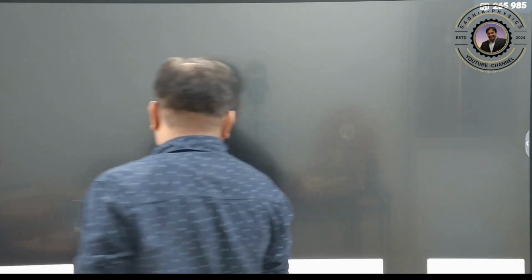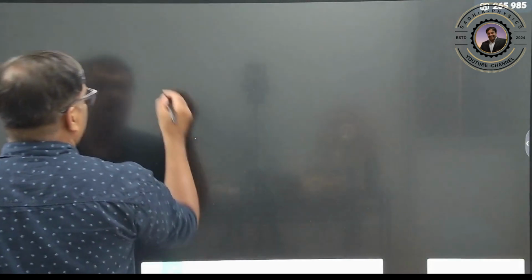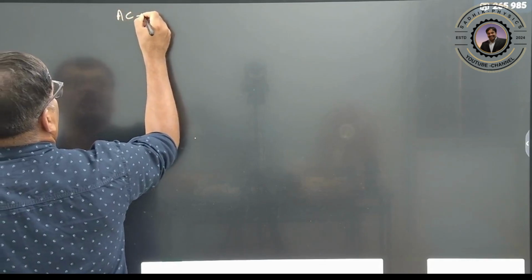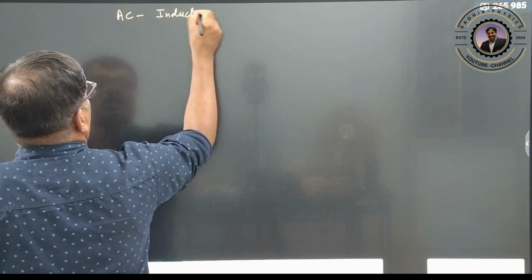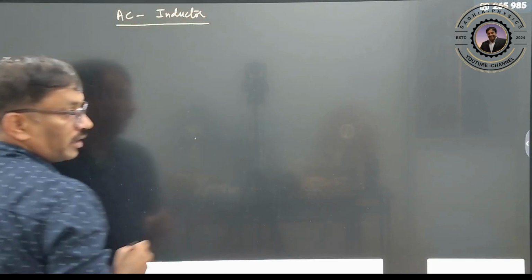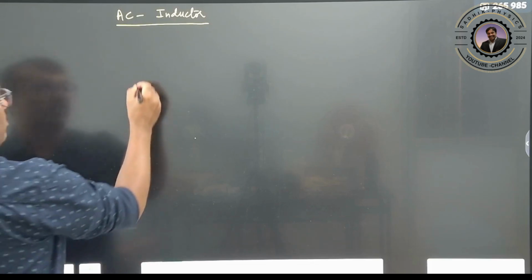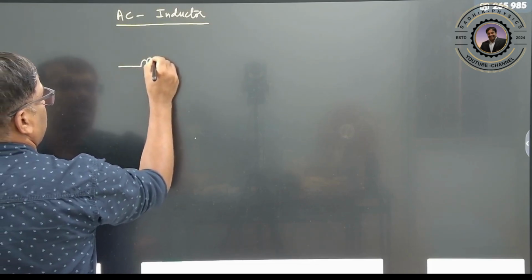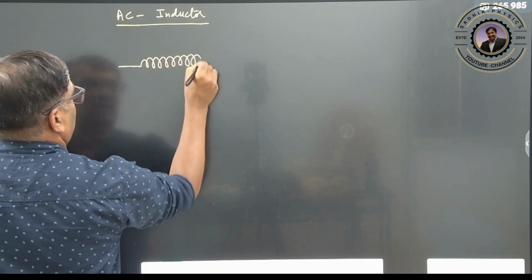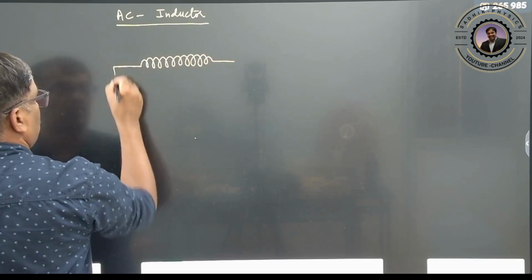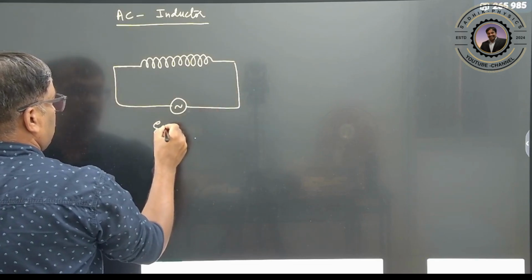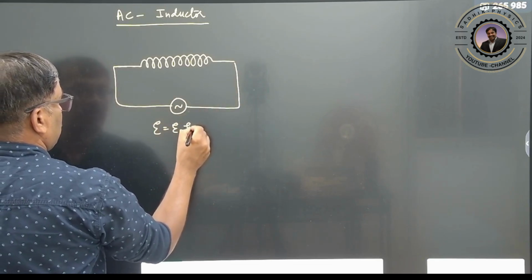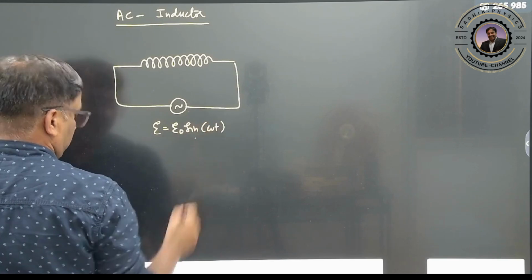Now next, suppose we apply AC across an inductor. There is an inductor, we are going to take it now. So this is one inductor, and this is your alternating voltage, E is equal to E naught sine omega t.